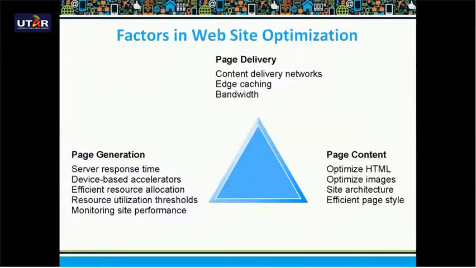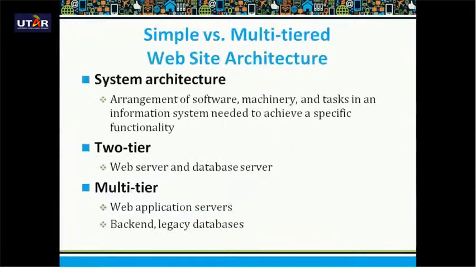And from the other view, you can think about page generation, server response time, device-based acceleration, efficiency, resource allocation, resource utilization threshold, and monitoring site performance. And lastly is the page content. Normally people use optimized HTML, optimized images, secure sites, and efficient page styles. These are the factors to consider when your team builds an e-commerce website.